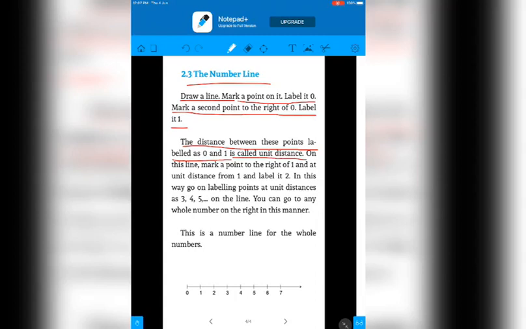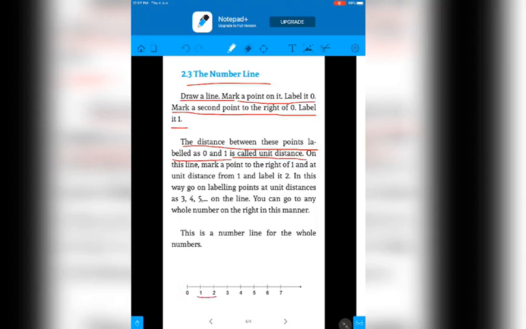If the distance between any two numbers is 1, you say that the distance between those two numbers is unit distance. For example, the distance between 1 and 0 is unit distance, because when you subtract 0 from 1, you get the answer 1. So 1 is known as unit also.